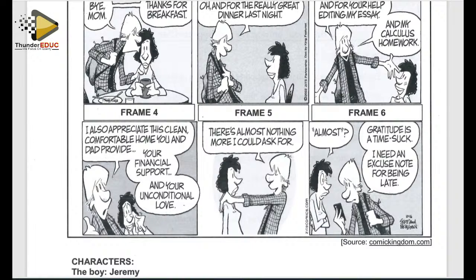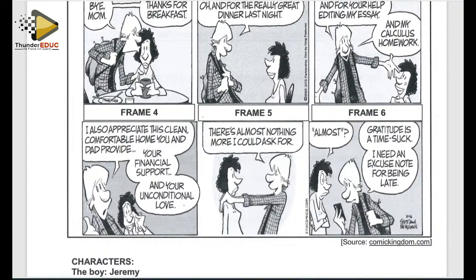Frame 4, I also appreciate this clean, comfortable home you and dad provide, your financial support and your unconditional love. There's almost nothing more I could ask for. And then almost in frame 6, gratitude is a time suck. I need an excuse not for being late.